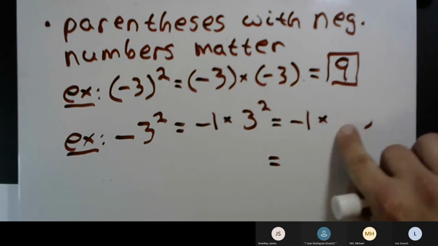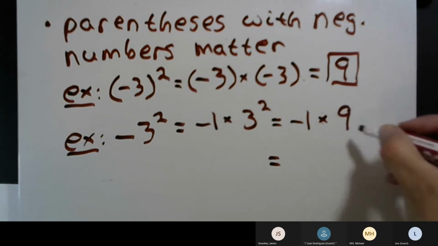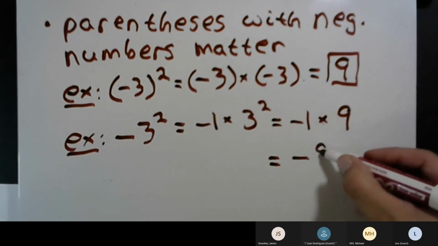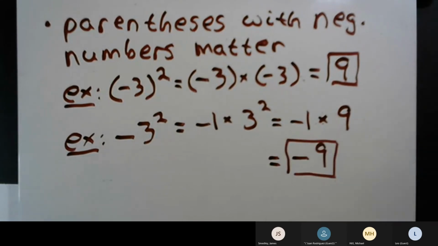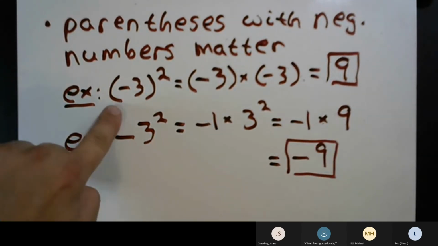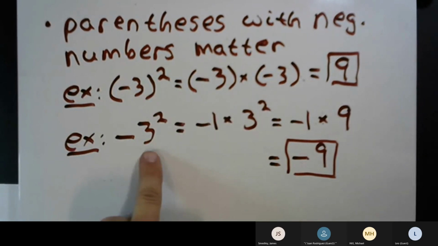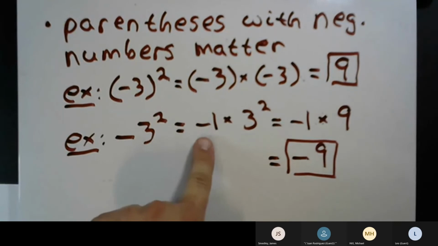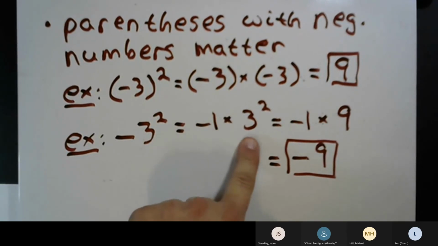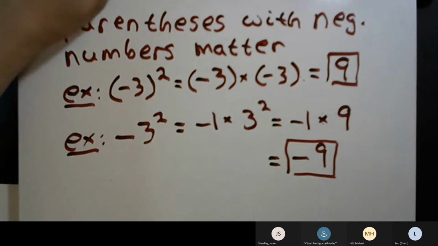We do the exponent first, so this will be -1 times 9, which is -9. So with parentheses, you've got the -3 times the -3. Without parentheses, this is -1 times 3 with an exponent. So you could get different answers. Questions about that? All right.